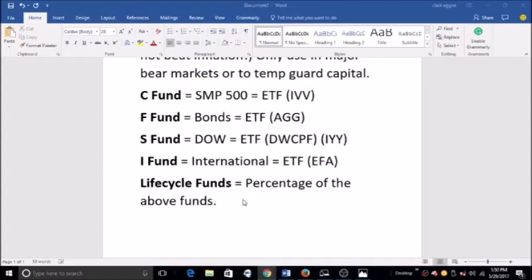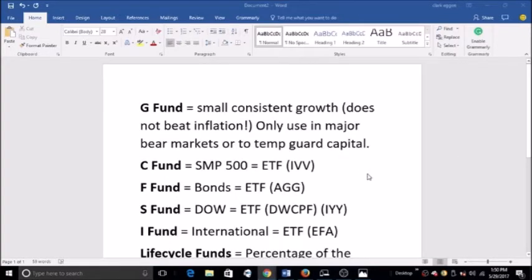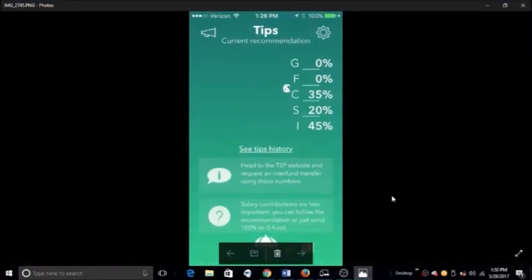If you want to be a little more involved in your TSP, the next thing I would suggest is a great phone app called TSP Tips. What it does is once a month or twice a month, it'll give you tips on where your funds should be located.